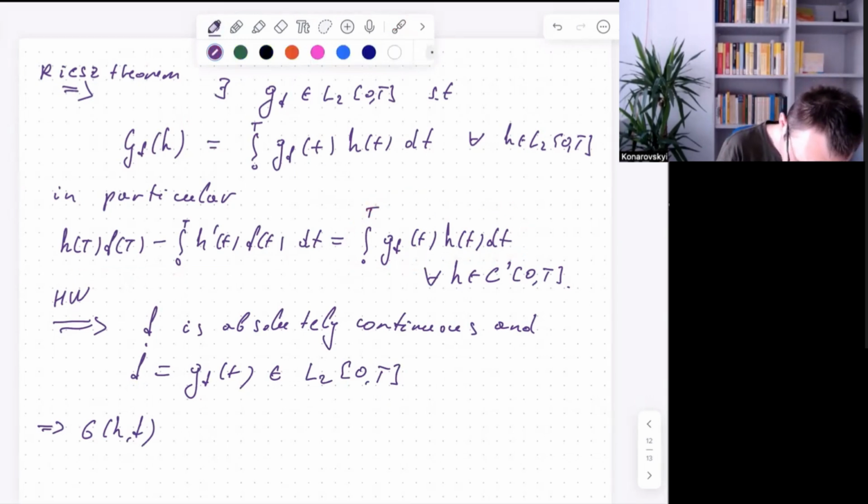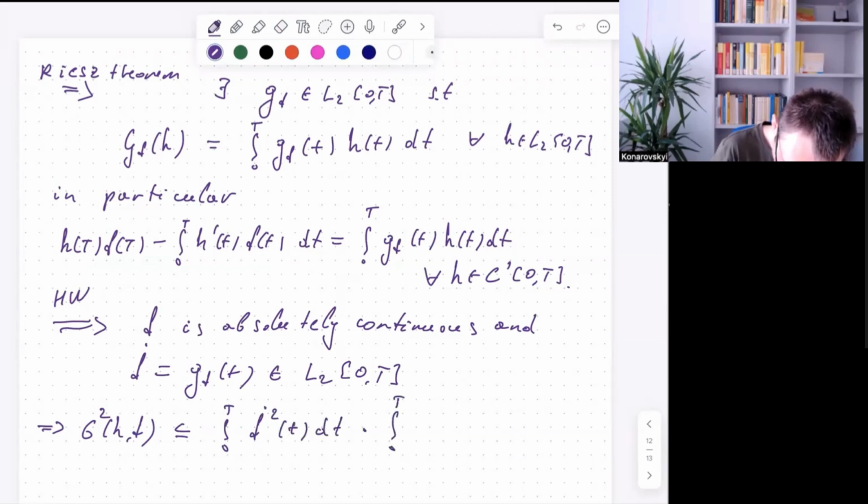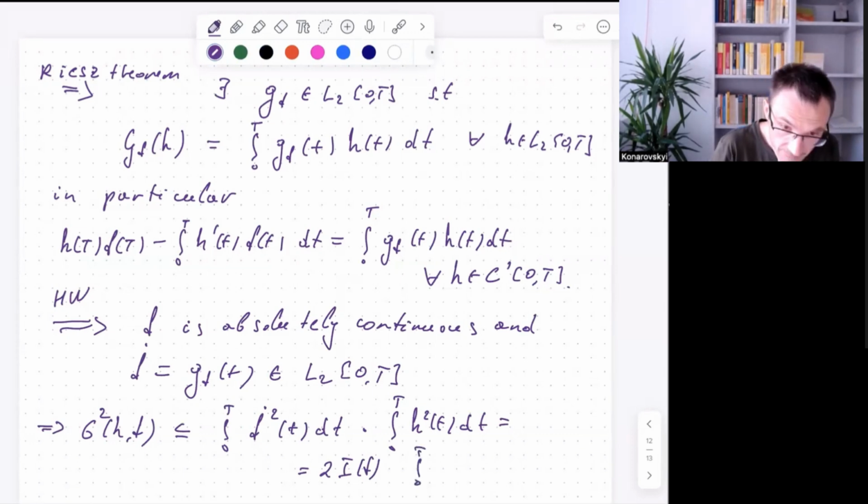It implies that when you take the square here, it is less or equal than the integral from 0 to t of g_f squared, which is f dot squared of t dt, multiplied by the integral from 0 to t of h squared of t dt. That is equal to 2I(f) times the integral from 0 to t of h squared of t dt.